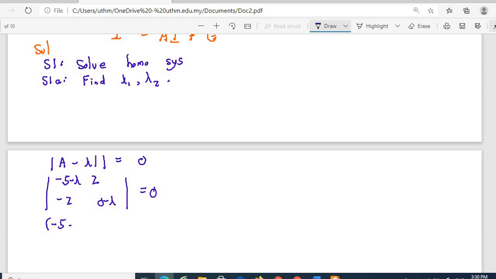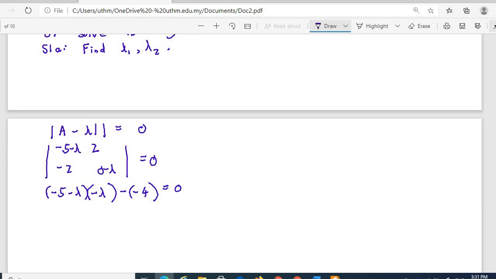Negative 5 minus lambda, 0 minus lambda is negative 5 lambda. So minus the product of the other diagonal, so this is minus 4. So minus negative 4. Be careful when you find the determinant. If we put here negative 4, later on we have different eigenvalue.